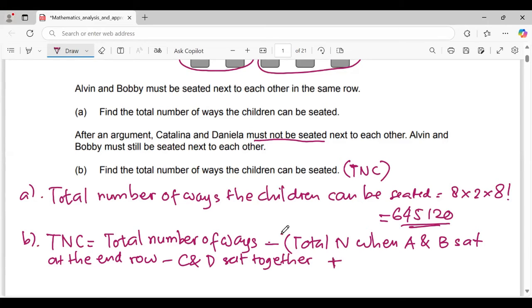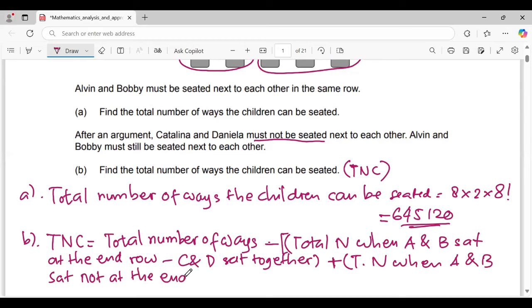So I'm going to use the double brackets. So plus the total number when A and B sat not at the end of the row, and Catalina and Daniela sat together.